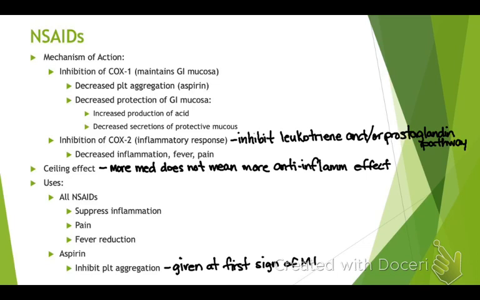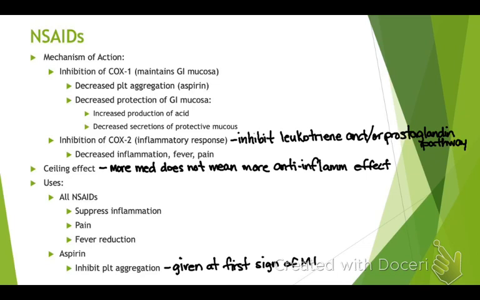Your mechanism of action for your NSAIDs is that they do inhibit COX-1, which maintains GI mucosa. So it has a decreased platelet aggregation, which is what your aspirin does, which is one of the over-the-counter NSAIDs.